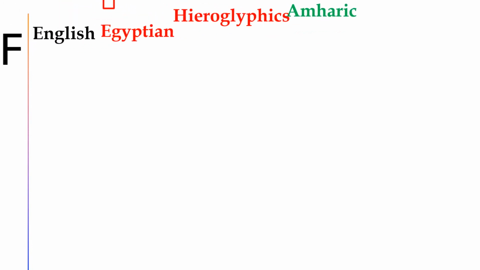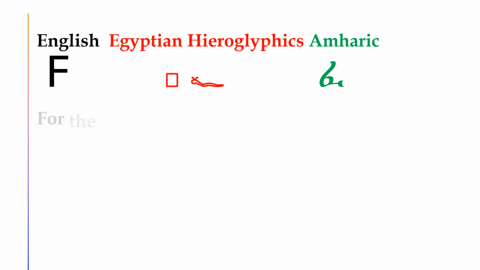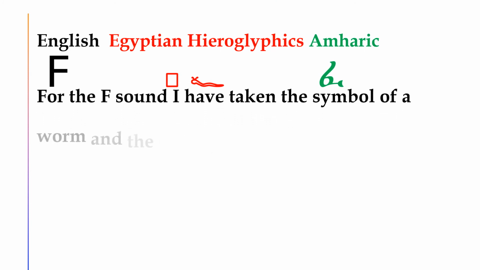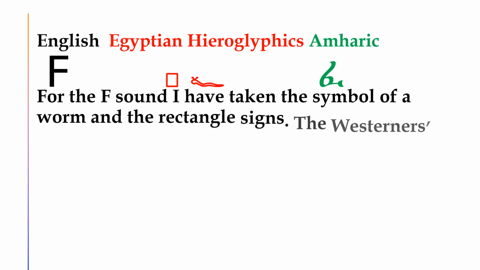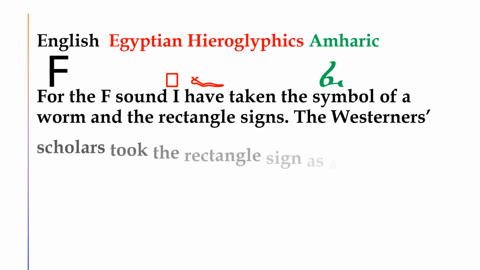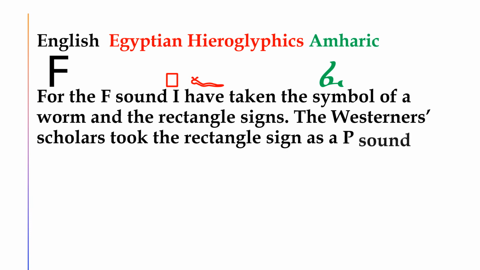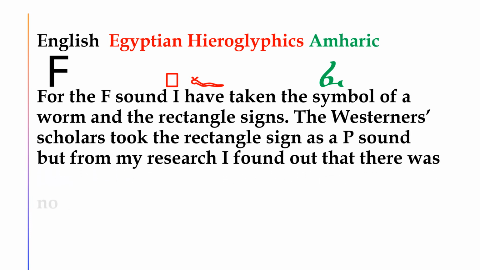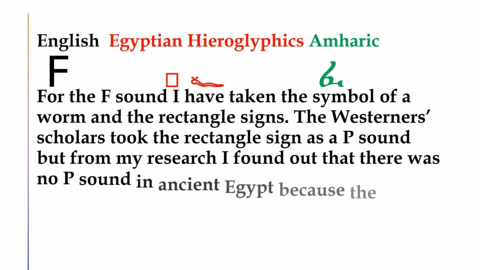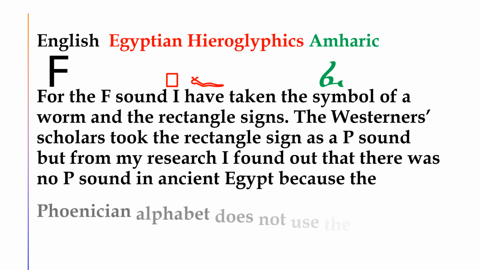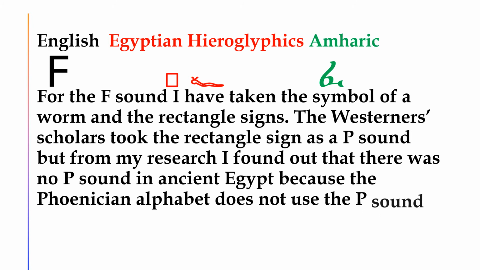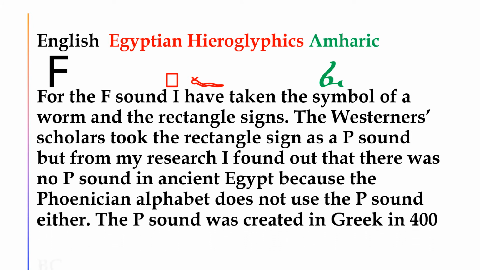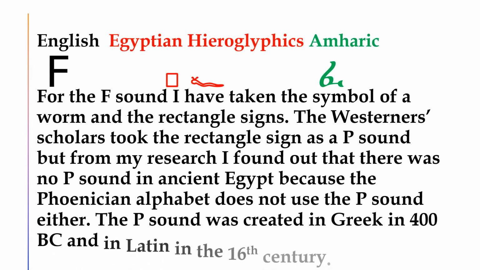Then comes the F sound. I have taken from the Egyptian hieroglyphic symbol the sign of a rectangle and a sign of what looks like a worm. The worm, I have taken it because it looks like the Amharic fa. But the rectangle sign, the Western scholars have taken that symbol to represent the P sound.